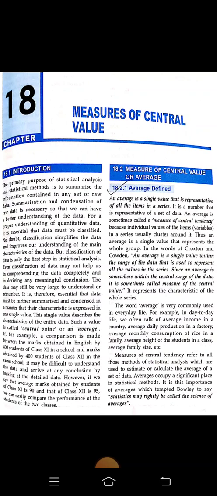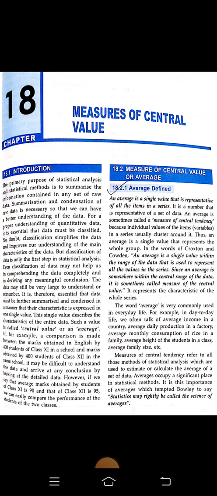An average is a single value that is representative of all the items in a series. It is a number that is representative of a set of data. An average is sometimes called a measure of central tendency because individual values of the items in a series usually cluster around it.